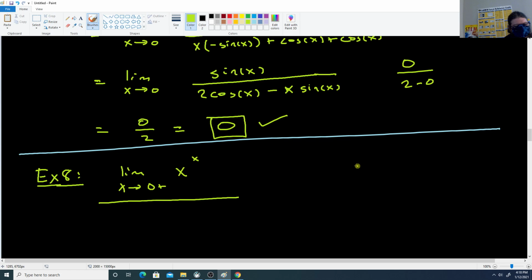So if we plug in, we get 0 to the 0 power, which is indeterminate. So what we're going to need to start trying to do is get this in the form 0 over 0 or infinity over infinity somehow.